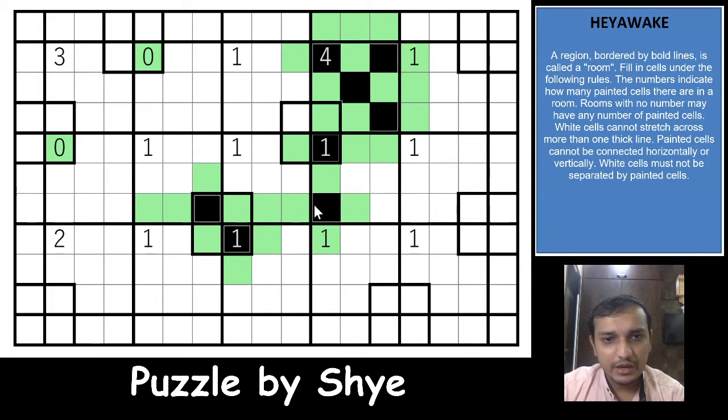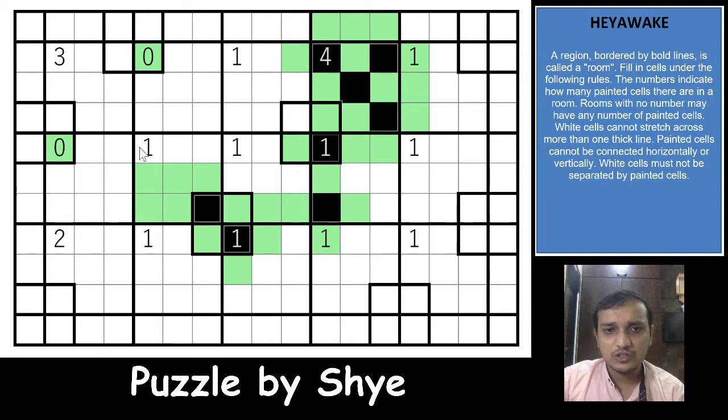Okay, and now that is helping us continue further, because earlier we saw that one of these 6 cells will be shaded, and now that has come down to 3 cells. One of these 3 cells will have to be shaded. If all of these 3 are unshaded, you'll again have a stretch of white cells crossing 2 thick lines, so these 2 will be unshaded, and one of these 3 cells will be shaded.